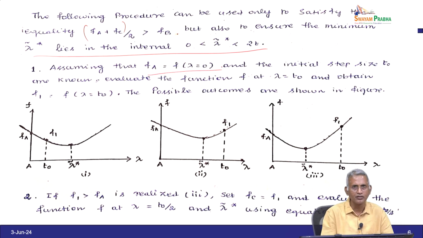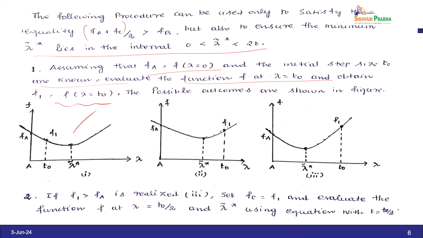We have cases, assuming that f of A equal to f of lambda equal to 0, and the initial step size t naught are known, to evaluate the function at lambda equal to t naught. So, f1 equal to f of lambda equal to t naught. The possible outcomes are shown in the figure.